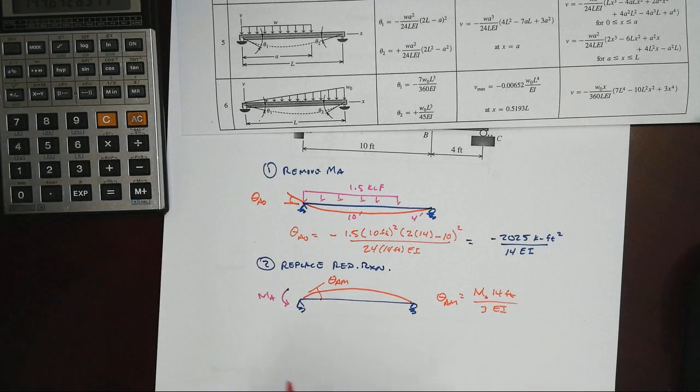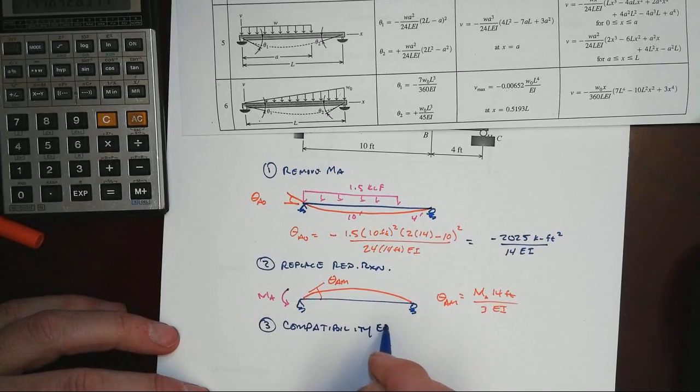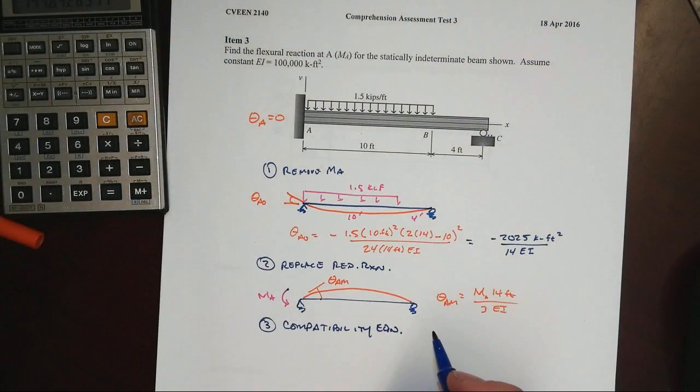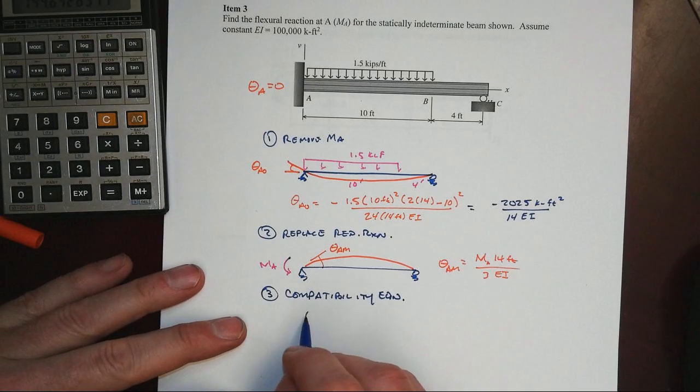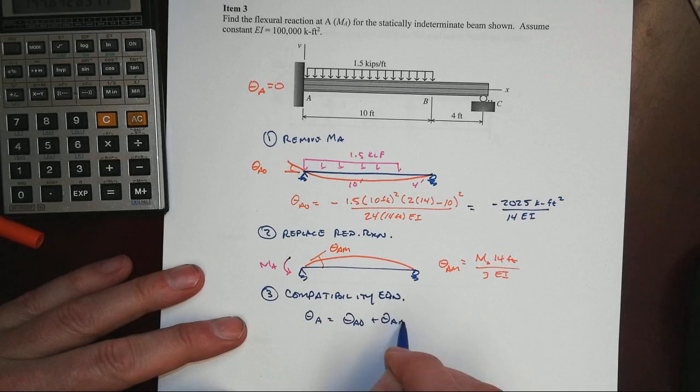Right? And so that means now that we'll go to write our compatibility equation. That will use superposition here, and so theta A will equal theta A0 plus theta AM.